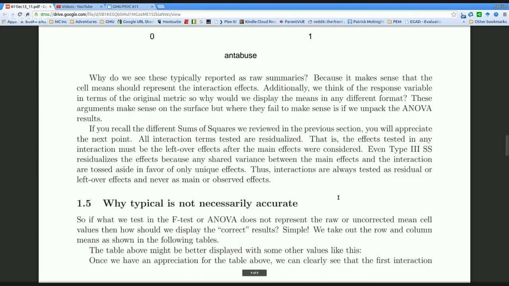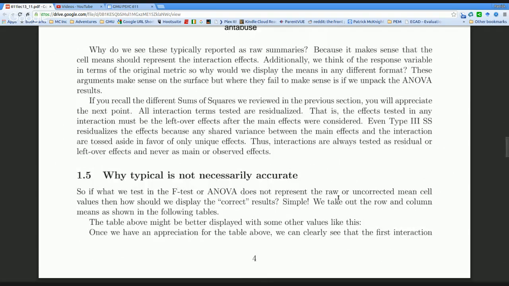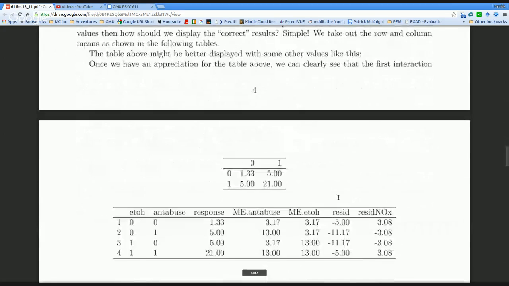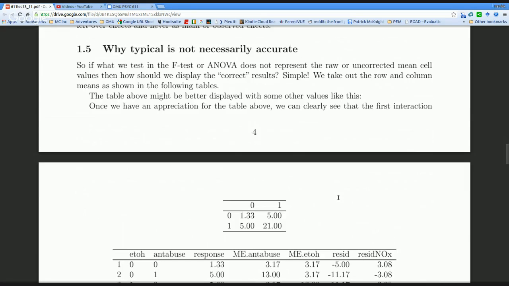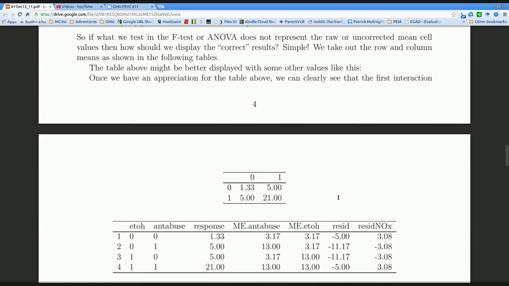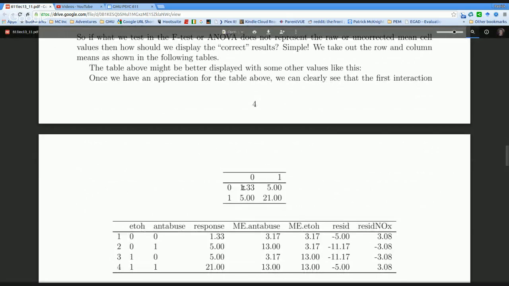Now I mentioned this in class, and what I want to do is go over exactly what that means. These are the raw means that I plotted above. So the 0, 0 group got 1.33. The 0, 1 group, I believe it's rows and columns, so it's alcohol and then antabuse.